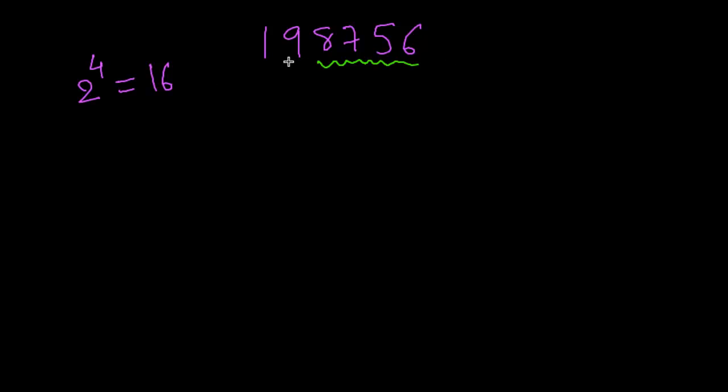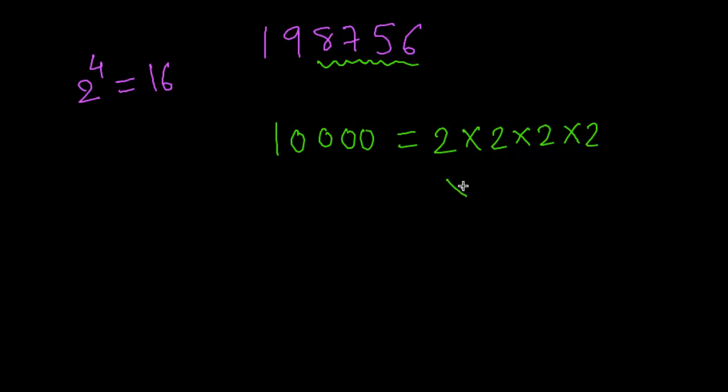Because all the 10,000s and the higher values would be divisible by 16. Let us say the number given is 10,000 itself: 2 into 2 is 4, into 2 is 8, into 2 is 16, and it will move on.